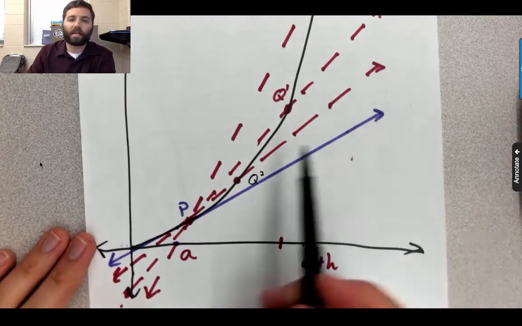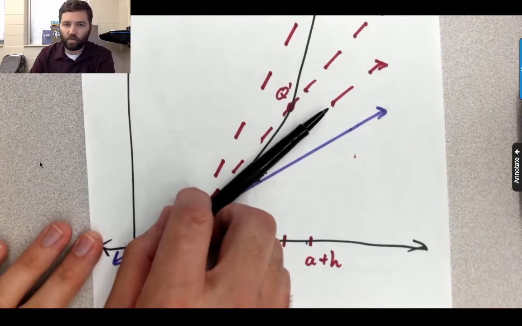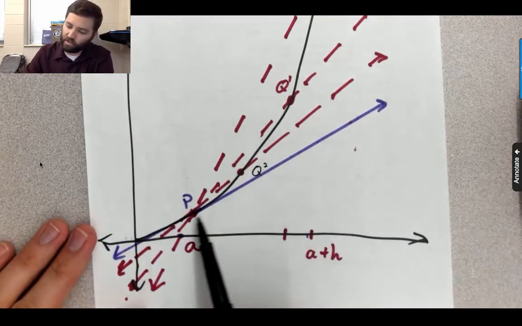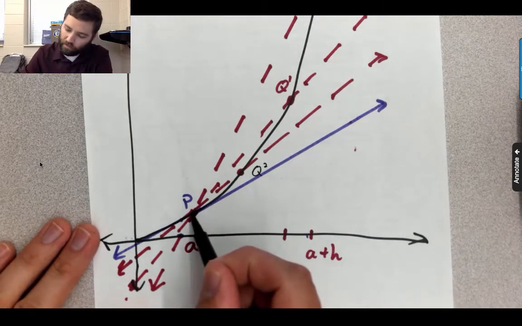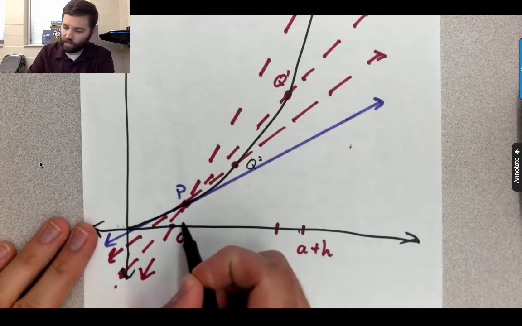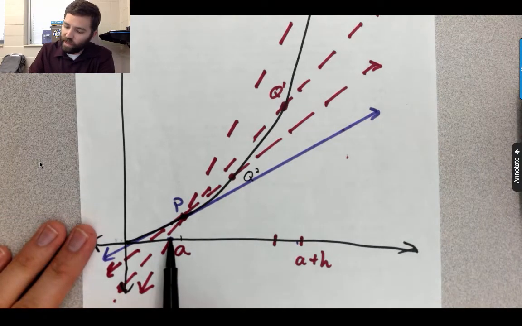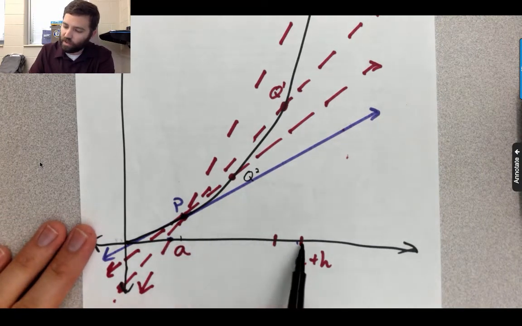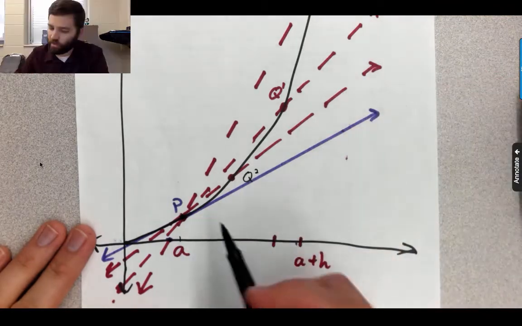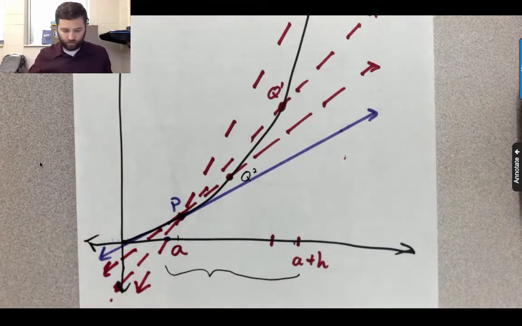And what I'm doing is sliding these secant lines closer and closer to what is the tangent line here in purple at point P. And the x value location of P, I'm going to call that location A. And then the horizontal distance from A to wherever those points are, I'm going to call A plus H. In other words, this distance here is called H.